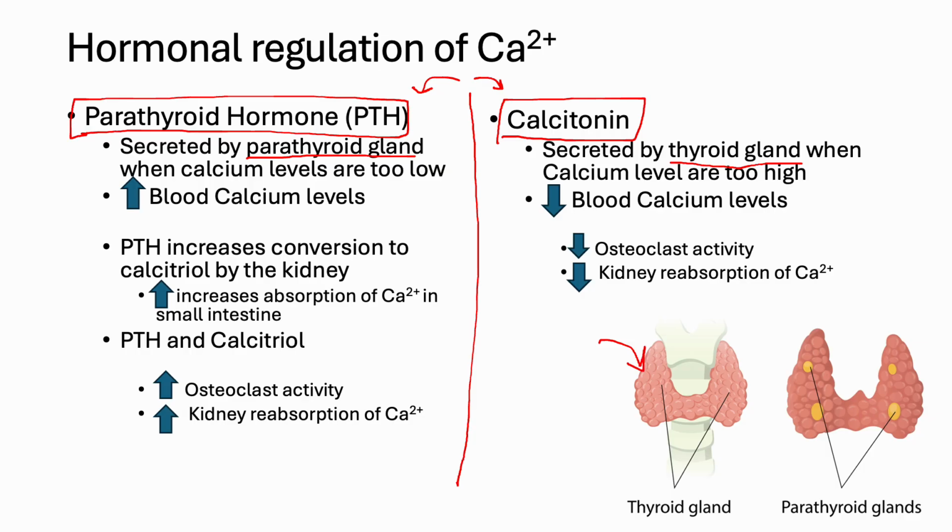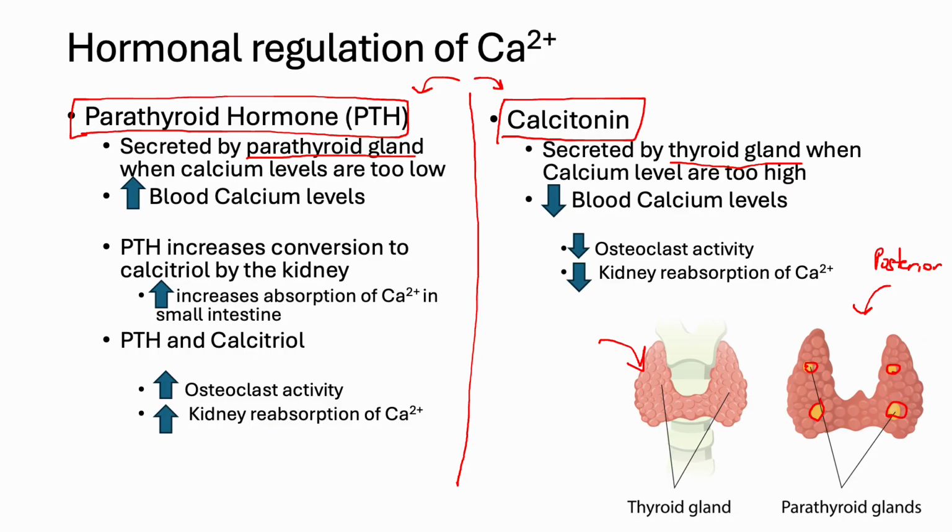This is the anterior view that you see. This side over here is the posterior view. What you can see is the parathyroid glands are these small little glands that are sort of embedded in that thyroid gland. So calcitonin is a hormone that's secreted by the thyroid gland. Parathyroid hormone is made and secreted by the parathyroid gland.